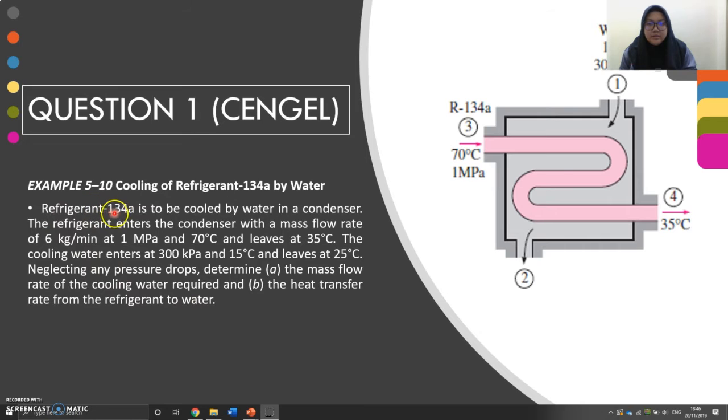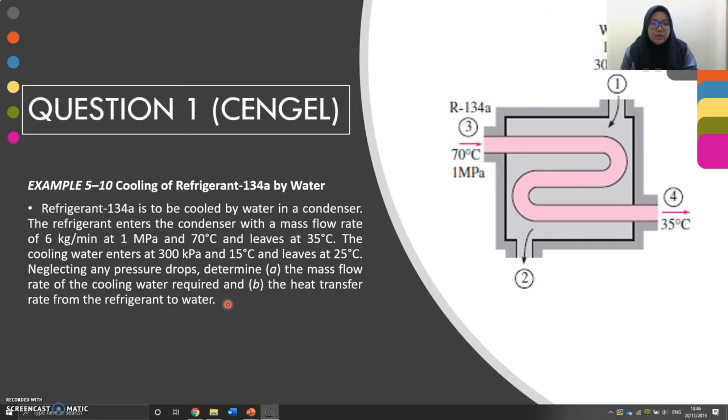Refrigerant 134a is cooled by water in a condenser. The refrigerant enters the condenser with a mass flow rate of 6 kg per minute at 1 megapascal and 70 degrees Celsius and leaves at 35 degrees Celsius.